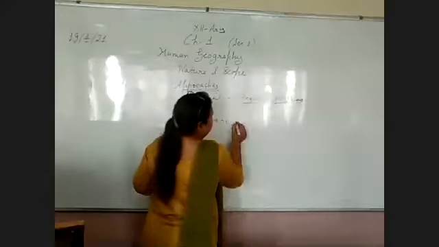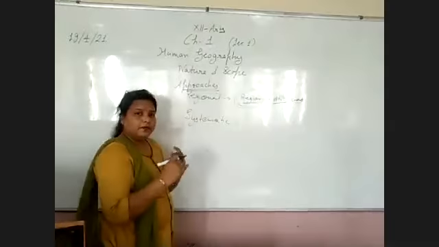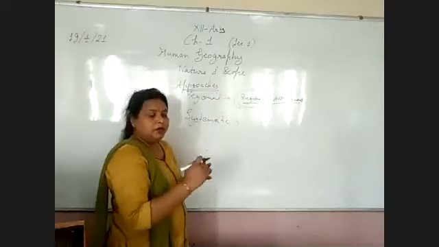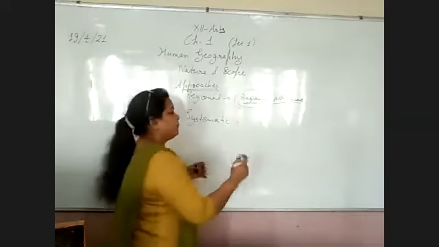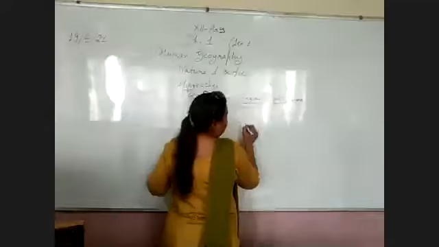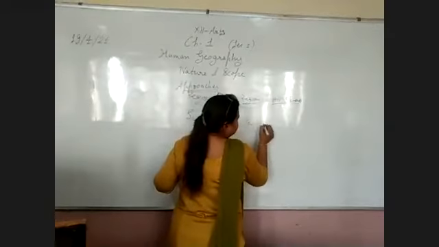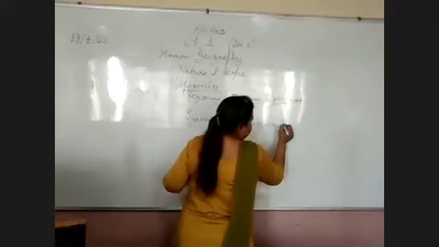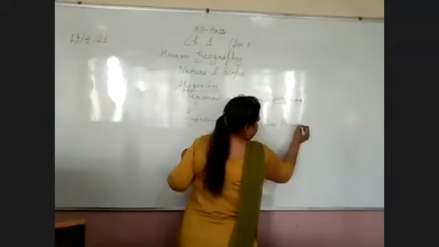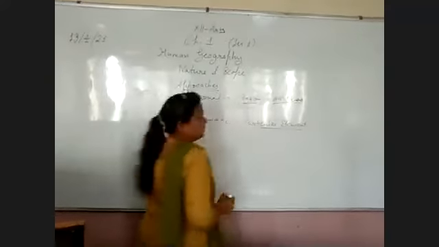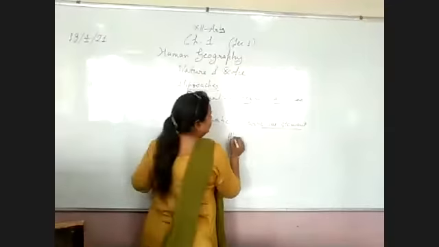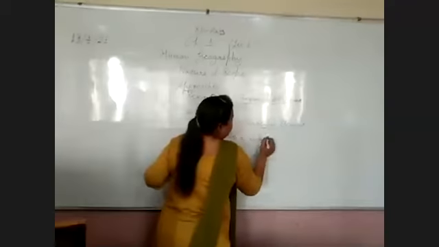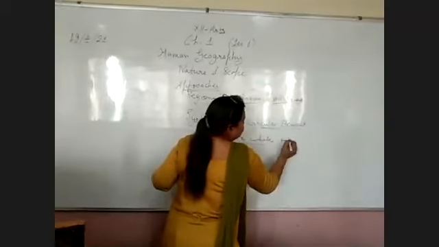Second is the systematic approach. In the systematic approach, we go through the system step by step. When we study one particular element, one or two, we do not study all the elements. We study a particular element as a whole, as a whole means throughout the world.